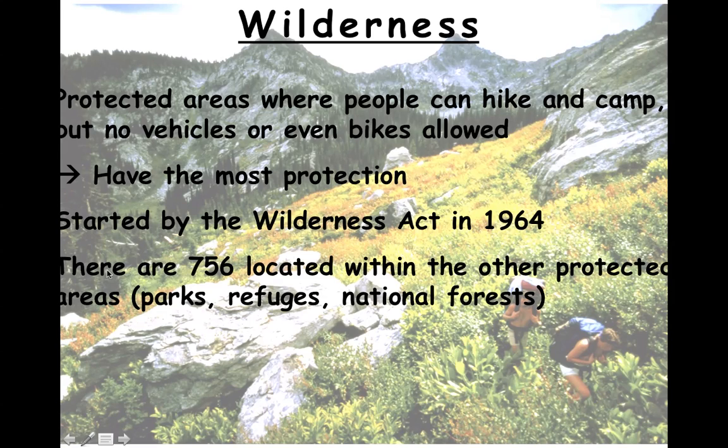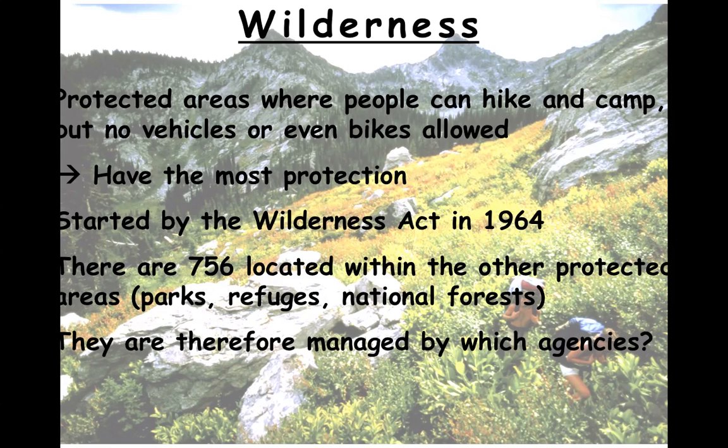Essentially what they did was, for these over 750, they set aside areas within the existing national parks, refuges, national forests, that would have even greater protection than they currently did. So it's not like they found brand new land, because a lot of it had been already protected, but they designated certain special places within these already protected areas that would receive even more protection.